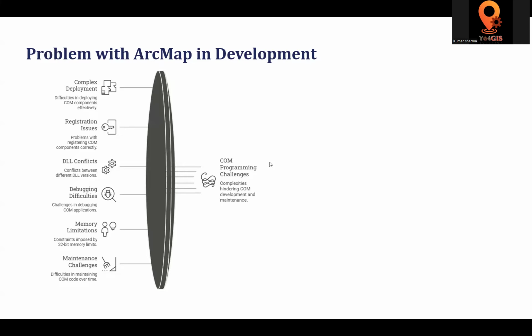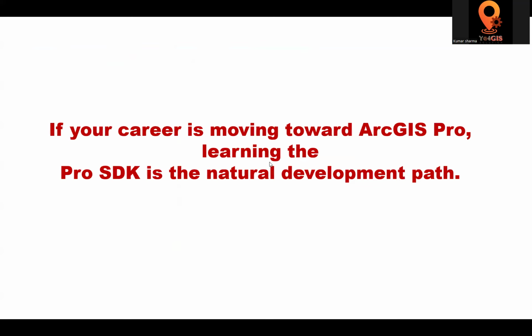These are the problems we already faced in ArcMap. Now the thing is, ArcGIS Pro SDK removes all these problems, not only one, two, three. The ArcGIS Pro .NET SDK solves all these problems. So using it, development will be easy, we can do development quickly, and performance-wise and progress-wise it will be very fast.